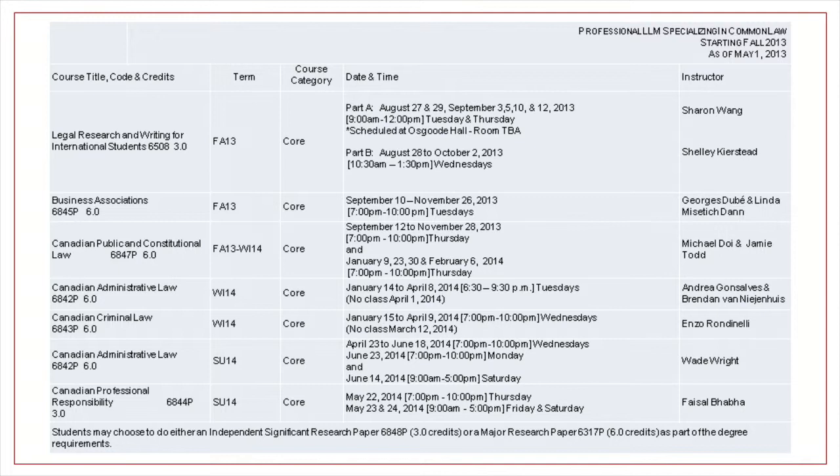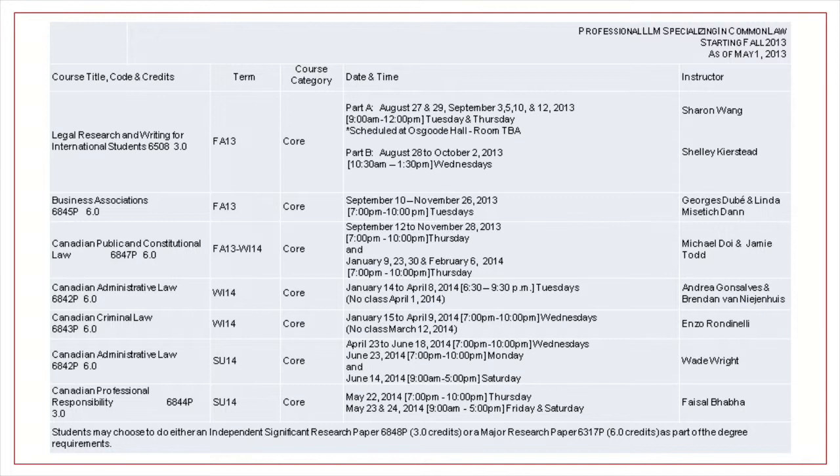One of those courses, Canadian Administrative Law, is being made available twice in the first academic year, in the winter as well as in the summer terms. Some of these courses are 6-credit courses and others are 3-credit courses. And many of these courses correspond to some of the most frequently required courses for candidates going through the NCA accreditation process.